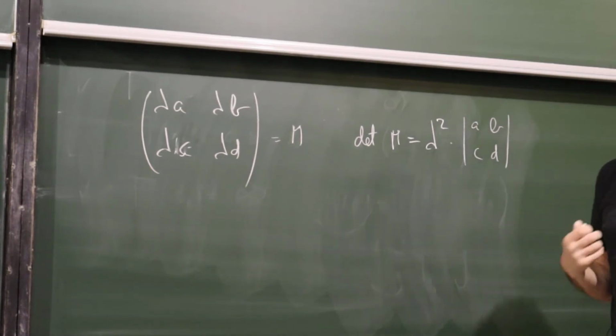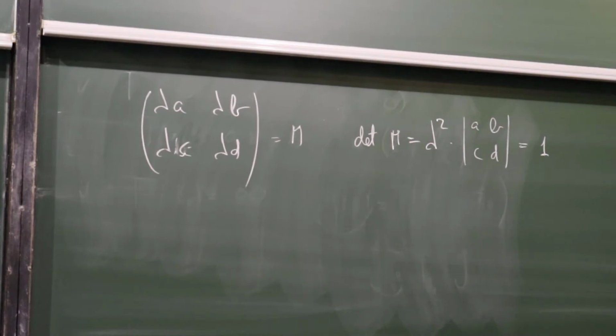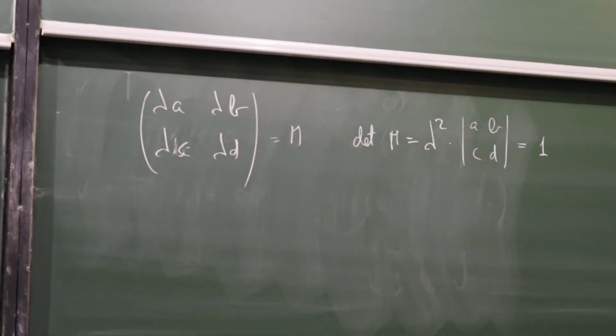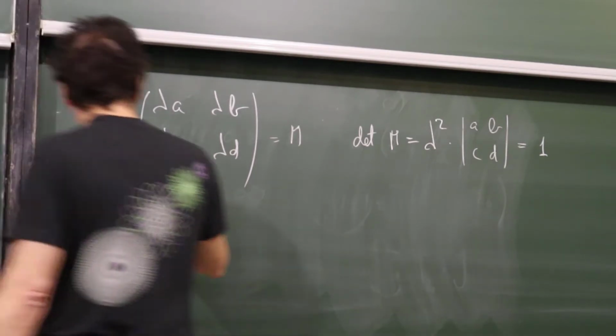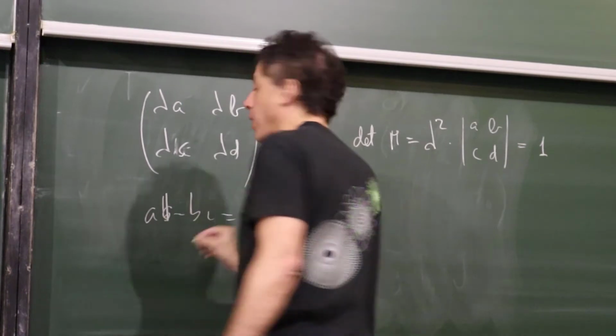So we can always find lambda such that this is equal to 1. For instance, we can take one over the square root of the determinant, so you can always use a normalized matrix, assuming that the determinant AD minus BC is equal to 1.